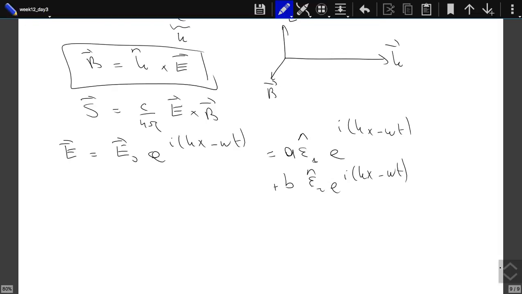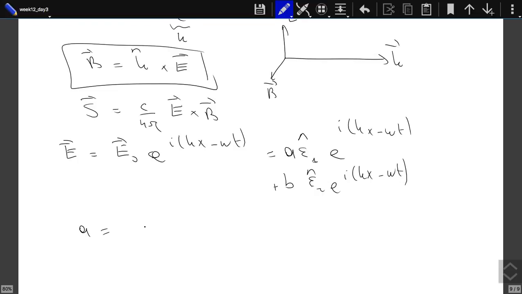Well, a and b in principle can be complex numbers, because eventually we will be taking the real values, or we can choose a and b to be real numbers but just add some phase difference. Well, let me ignore that phase difference then.